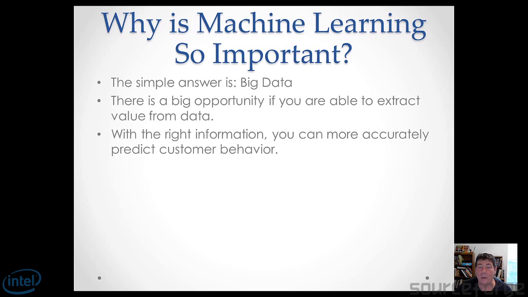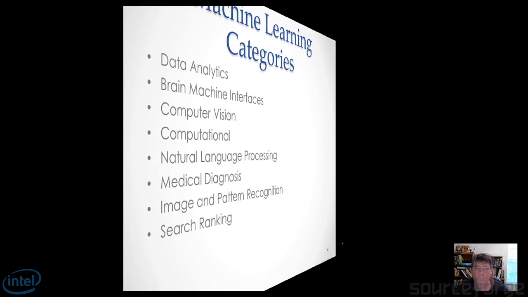This provides a huge opportunity for e-commerce providers who are on the internet trying to sell things or sell services. The first step in taking advantage of this opportunity is to extract value from the data. In other words, try to figure out what they're doing. If you can figure out what they're doing, if you can get the right information, you can more accurately predict customer behavior and potentially sell more product and services.